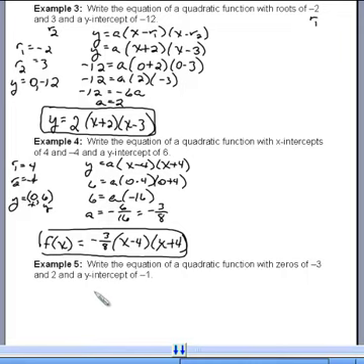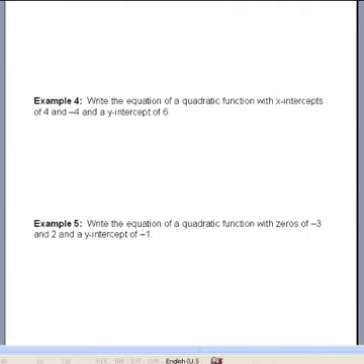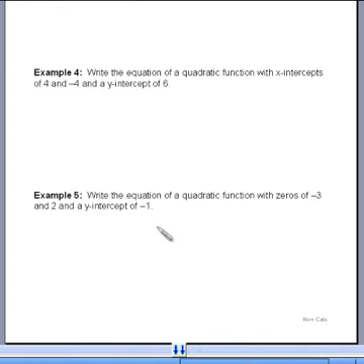All right. Now I'm going to move 5 up a little bit so it's a little more visible on the page. So I will hit the mouse and move it up. Get back our pen. Now we want a quadratic with the zeros of negative 3 and 2 and a y-intercept of negative 1.